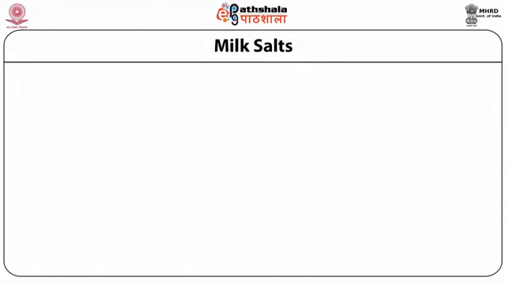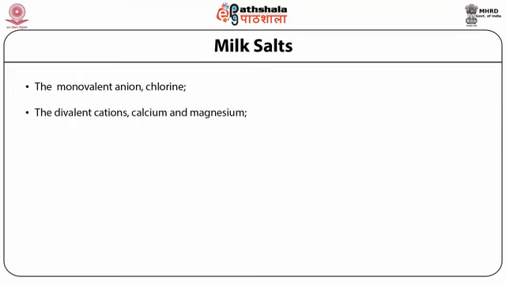Besides protein and fats, milk salts have also their role in coagulation or precipitation of milk proteins. Milk contains divalent and trivalent cations and anions. The chief divalent cations of milk are calcium and magnesium, and trivalent anions are phosphorus and citrate.